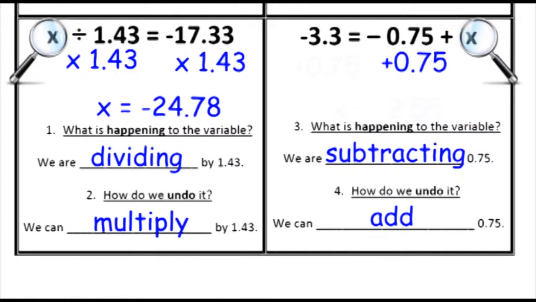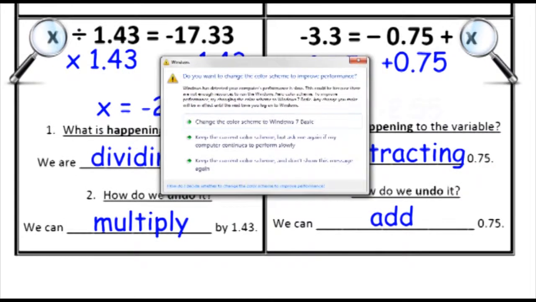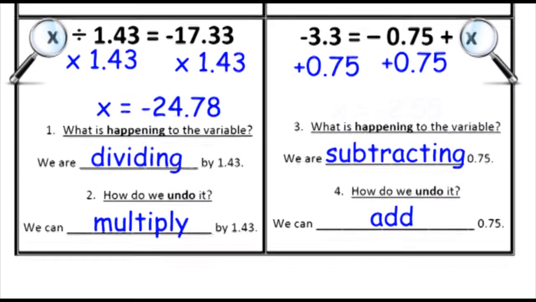I add it to that side, negative 0.75 plus positive 0.75 gives me 0. That is my identity for addition-subtraction. I do it to the left, I do it to the right, I do it to both sides to keep the equation balanced. Negative 3.3 plus 0.75. Quick calculator moment. Gives me x equals negative 2.55.